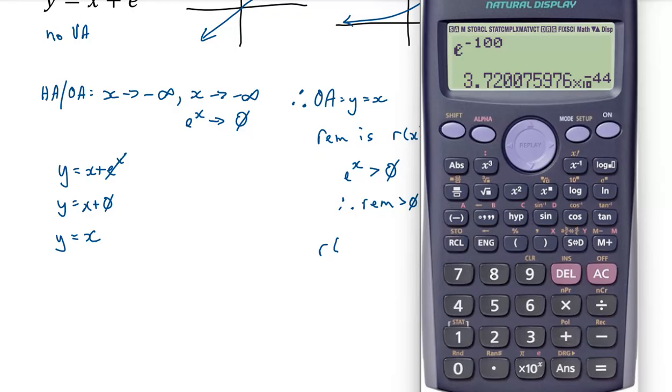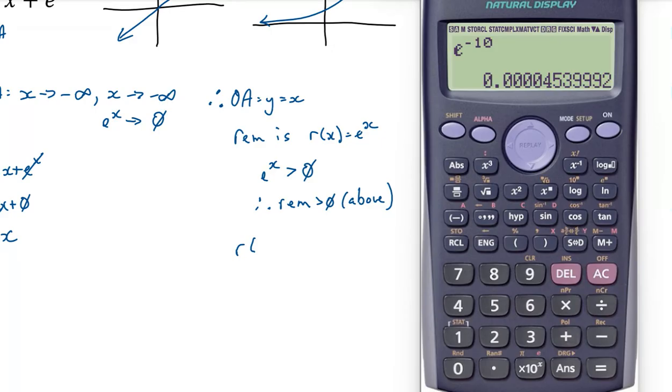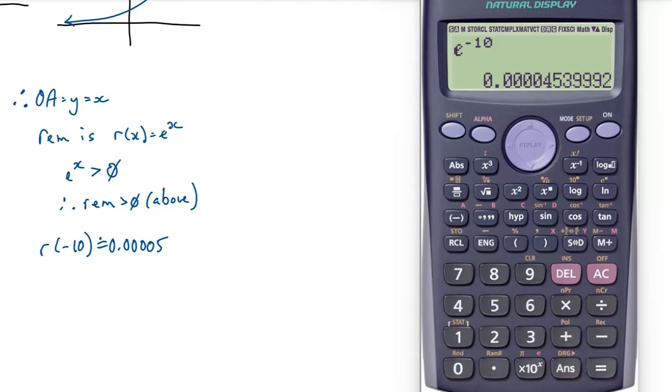How about negative 10? You could also plug a value into your remainder and check it just like we did. Absolutely, that's a strategy that you could use.